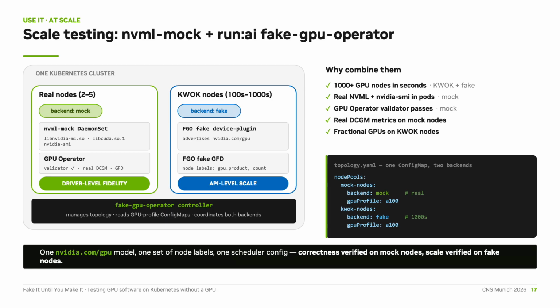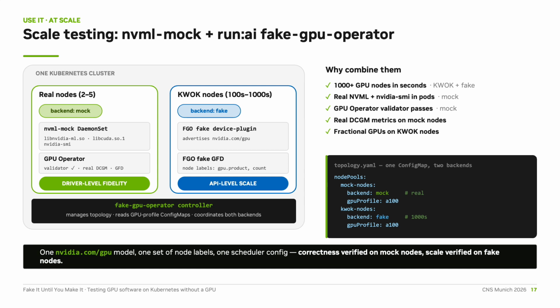By deploying the fake GPU operator next to the nvml-mock project, the Run AI team is testing a fake 1,000-node Kubernetes cluster for things like scheduling, allocation, making decisions, reference architectures, testing their KAI scheduler, and testing multiple configurations of their entire stack. And once they move from the tested architecture to a real architecture, it simply works, because all of this is made in collaboration with the CUDA team and the GPU operator team.